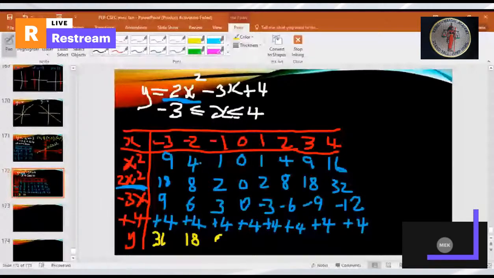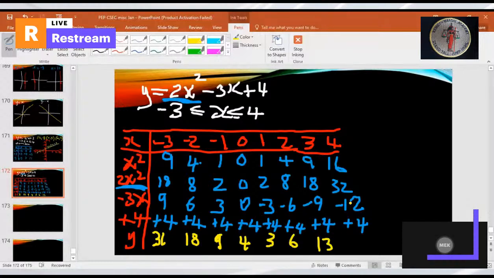And 4. 2 minus 3 is -1, plus 4 is 3. 8 minus 6 is 2, plus 4 is 6. 9, plus 4 is 13. And 32 minus 12 is 20, plus 4 is 24.